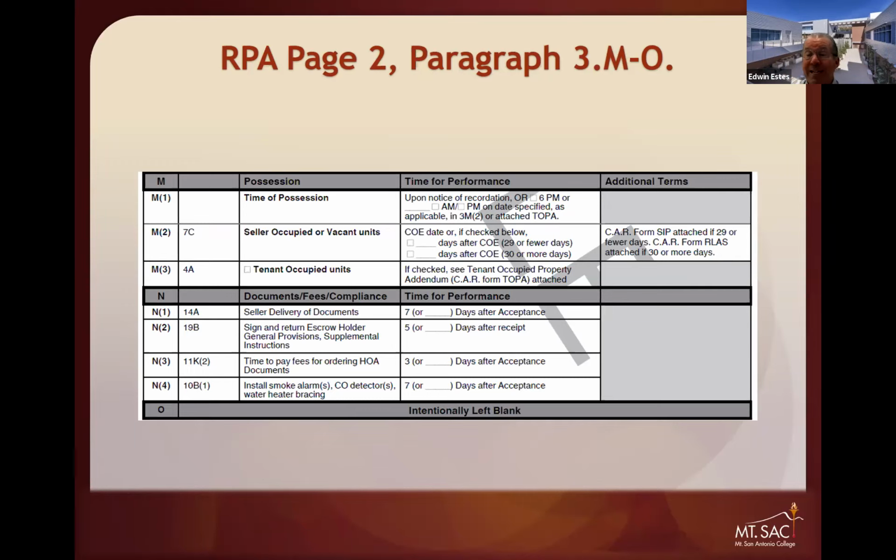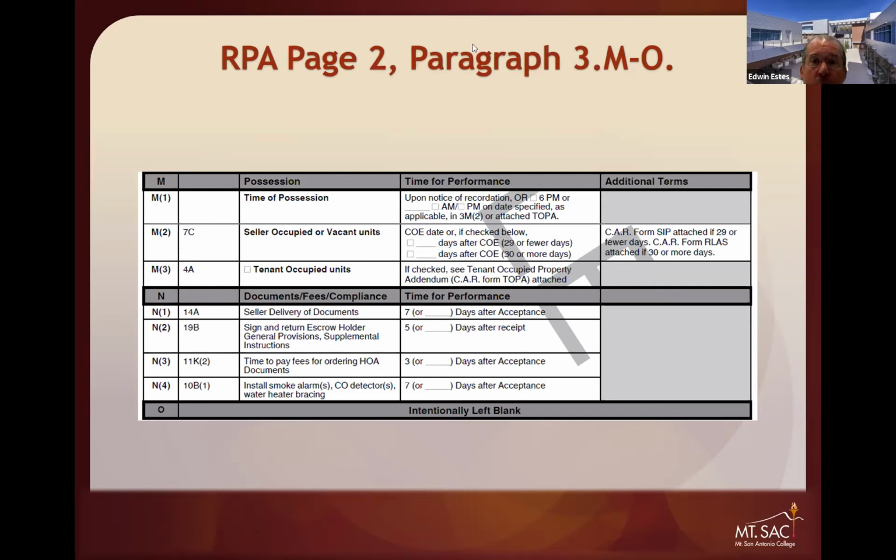So those of you taking listings, when you do your visual inspection of the property, if you don't see a smoke alarm, if you don't see a CO detector, if the water heater is not braced, you need to tell the seller, hey, seller, you need to do these things, okay? The law requires it. The offer is going to ask you to do it within 7 days. Please do it now. It'll make our transaction a lot smoother.